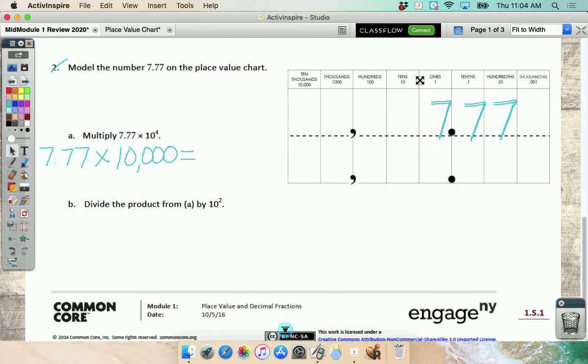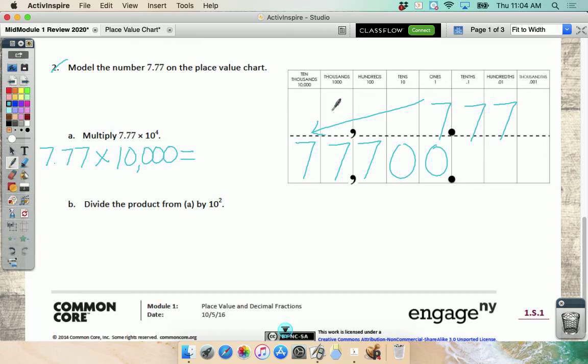So I'm going to move it how many places? All the way, 1, 2, 3, 4, move it down. Then what do I do? Fill it in with zeros, and I need 1 arrow. What do I write on top of that arrow?